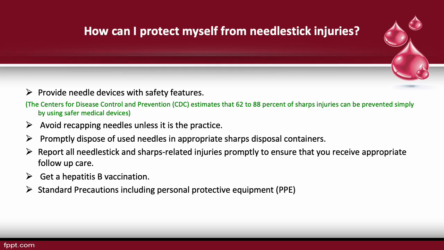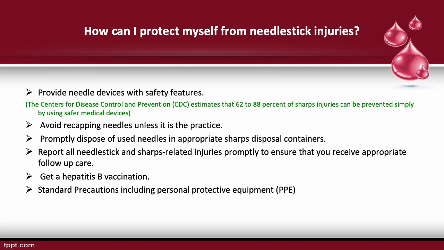You must dispose of the sharps immediately after using them in the sharp disposal container. If you get a needle stick injury, you must report it as soon as possible to ensure that you receive the appropriate follow-up care. Also, another important point is to get the hepatitis B vaccination.